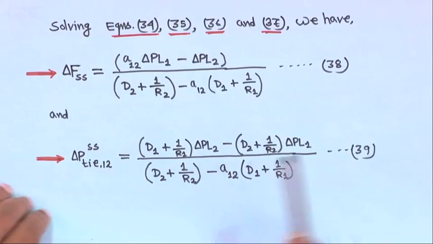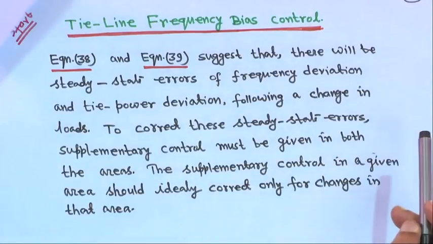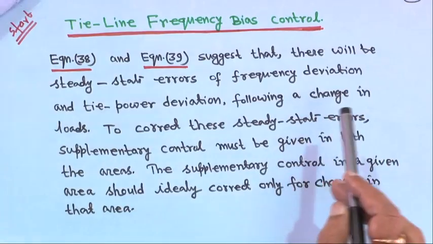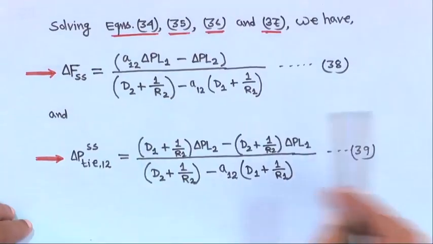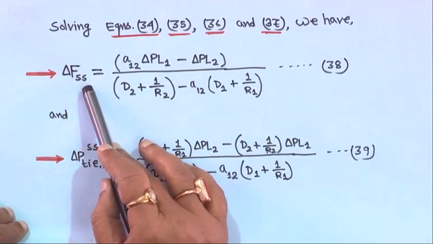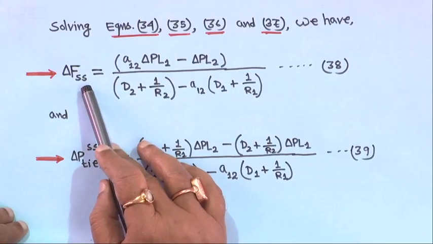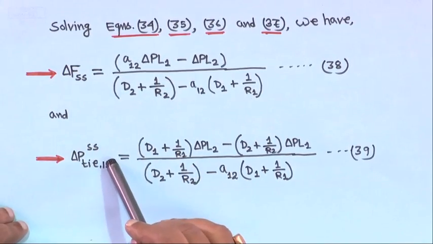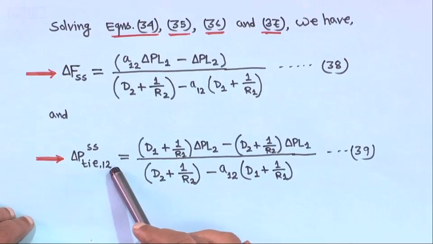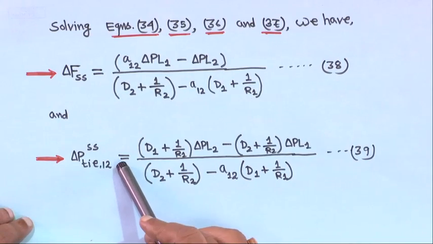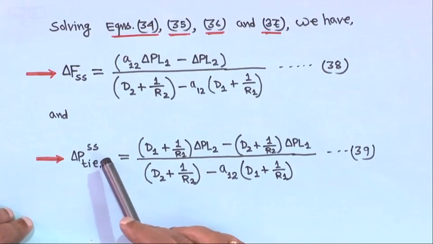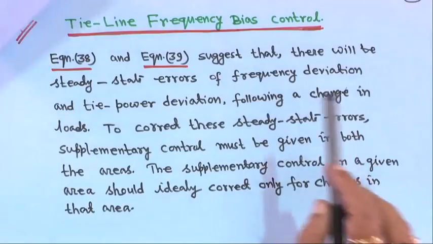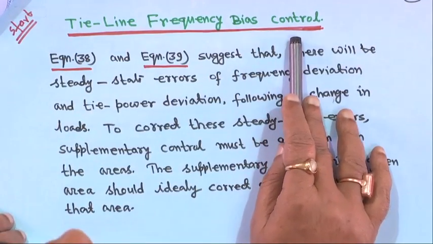In that case we have to bring the system frequency back to its nominal value, that means delta F SS has to be 0, and the tie power steady state flow also has to be brought back to its scheduled power flow, such that delta P tie 1-2 SS will be 0. Because of this reason we go for tie line frequency bias control.